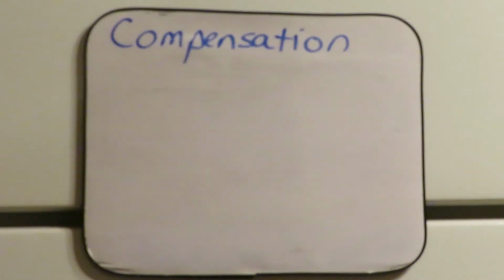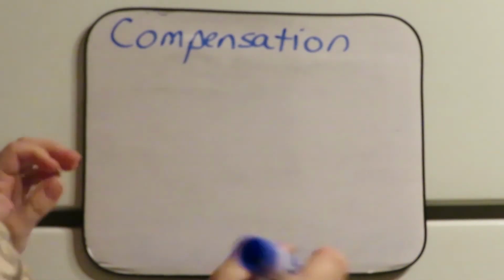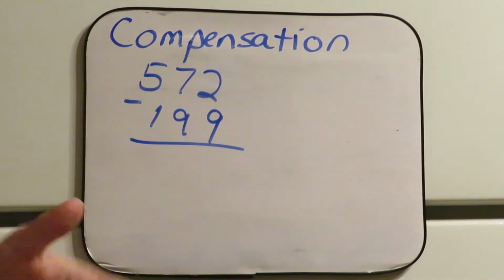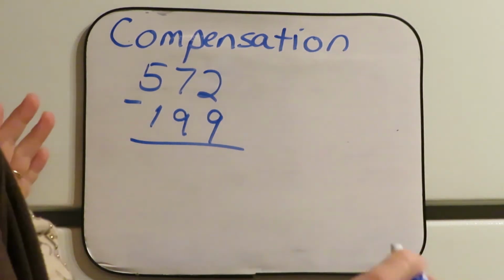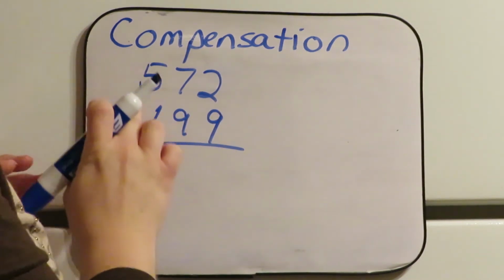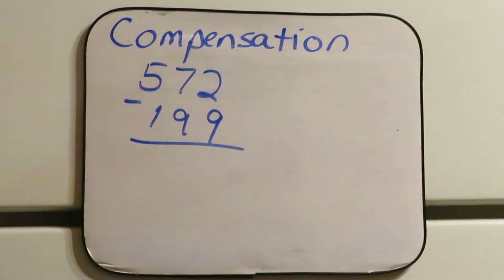Compensation. We talked about this strategy in addition, and it's just the same in subtraction. The basic idea of compensation is that you add or subtract a number to both parts of an addition or subtraction problem to make it easier to work with.